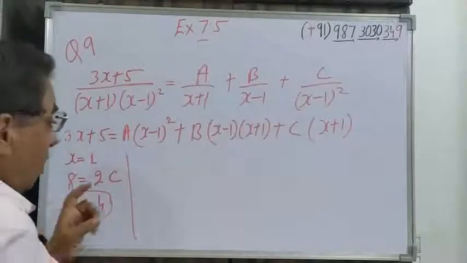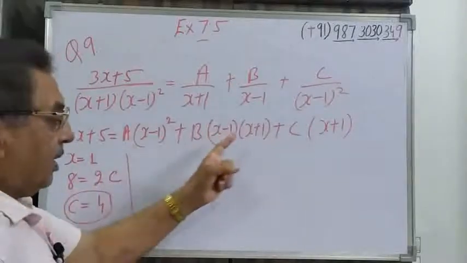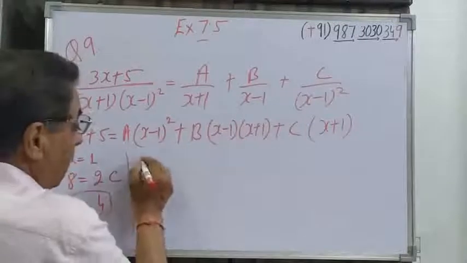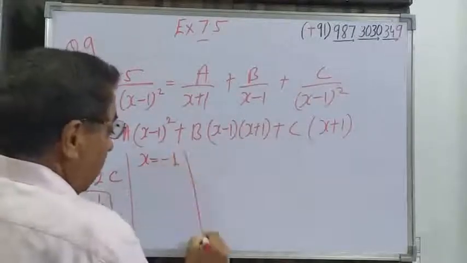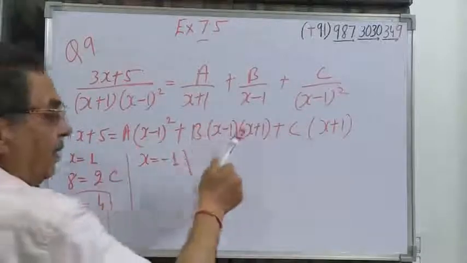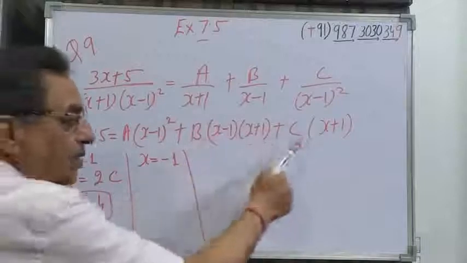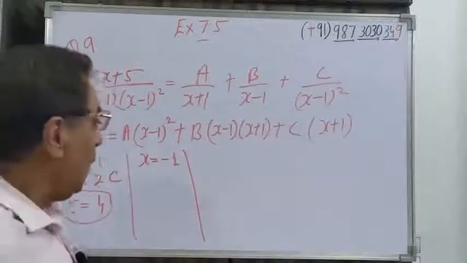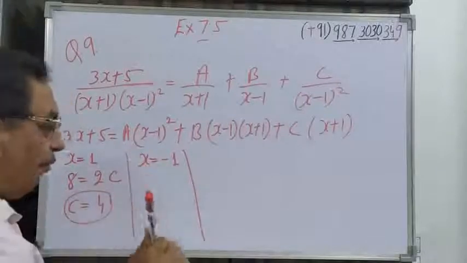Now I made this 0 by taking x equal to 1. Now I will take x equal to minus 1. When I take x equal to minus 1, this factor becomes 0, and the B and C terms both become 0. Here minus 1 minus 2 square is 4.